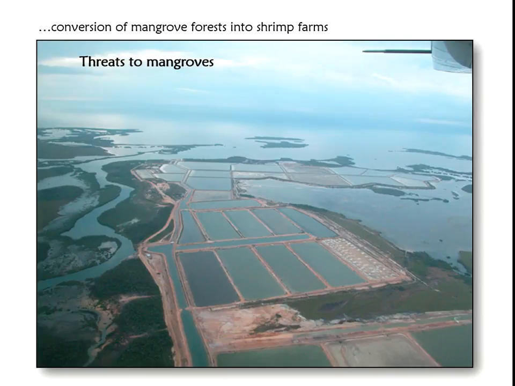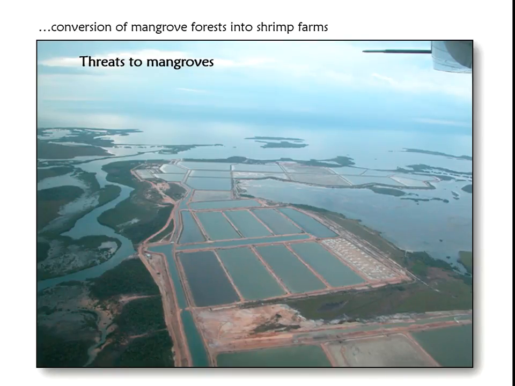Then the entomologists got into it, and they worked out that these mosquitoes that were making people sick needed to lay their eggs on damp but not flooded soil. So all they had to do was flood the mangroves or the marshes and deprive these mosquitoes of an oviposition site, and they control the mosquitoes. So that's what they did starting in the early 1900s. By the 1920s, they were underway, and they were still doing this up into the early 60s.